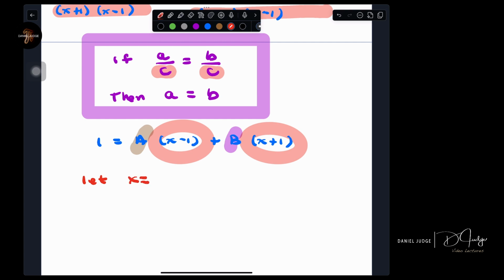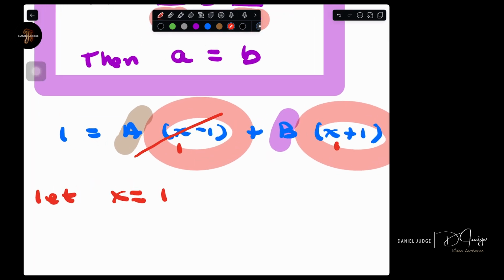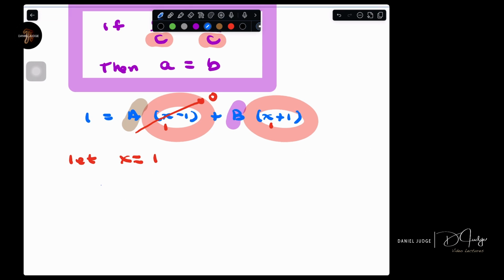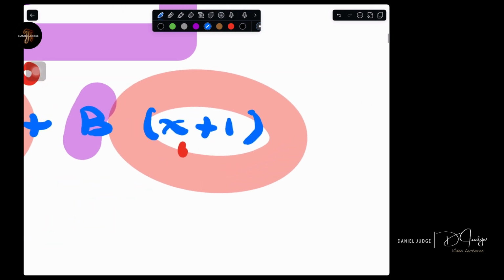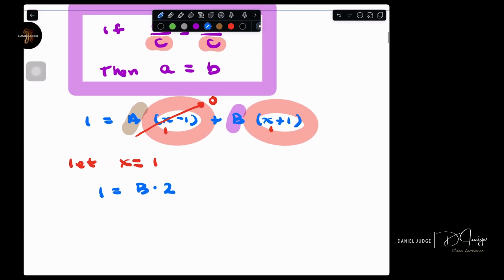So in the first case, I'm going to let x be 1, because if x is 1, plugging in the value of x here will give you a 0. So that's what we want to try to do. And now the equation here is 1 equals B times 2, because 1 plus 1 is 2. Or we can just simply say that's 2B.